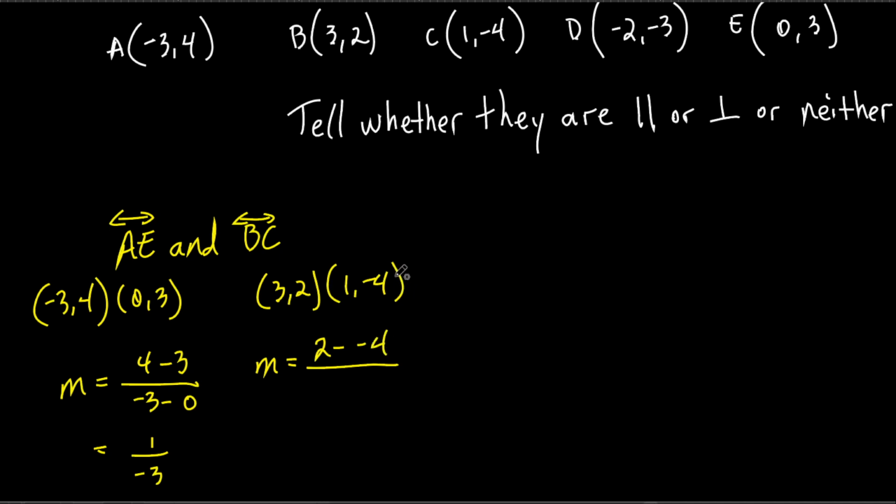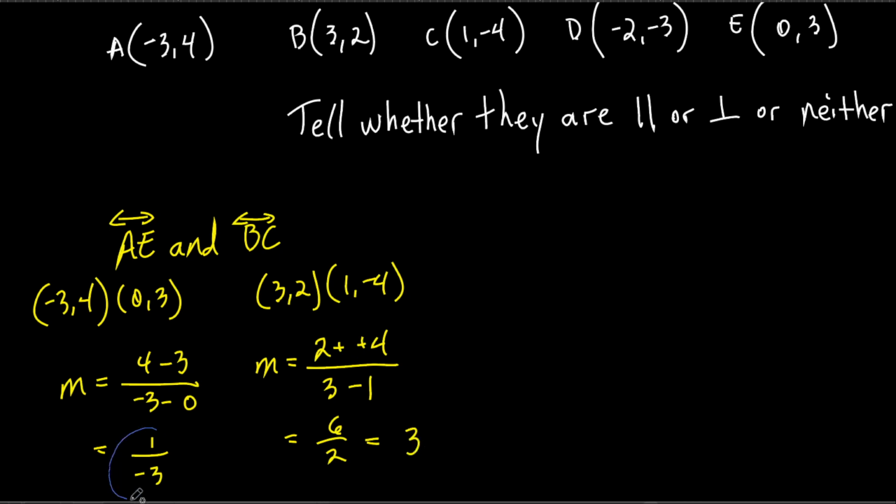That's where a lot of people go wrong. They just see the minus and go, oh, it's 2 minus 4. Well, it's 2 minus negative 4. Now subtract the x's: 3 minus 1. Add the opposite: 2 plus 4 is 6, over 2 is what?